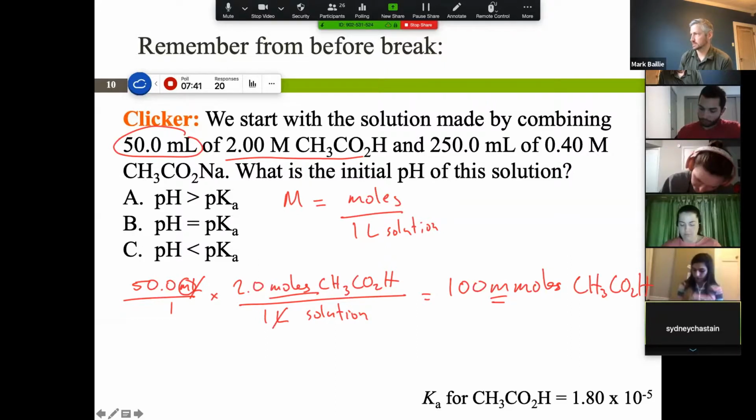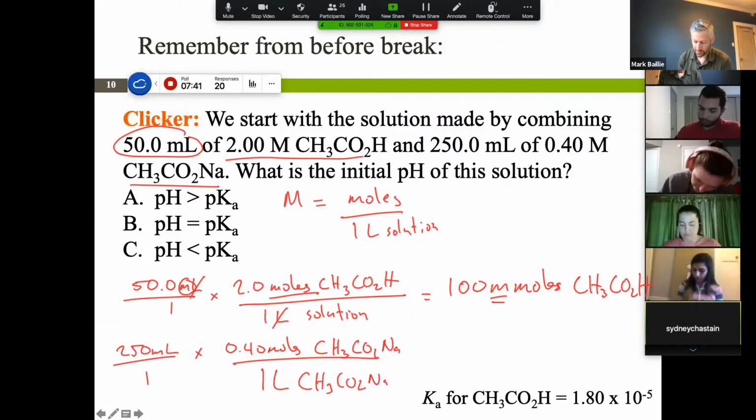And then we did the same thing for 250 milliliters of our solution of sodium acetate. We have 0.40 moles of CH3CO2- per 1 liter.